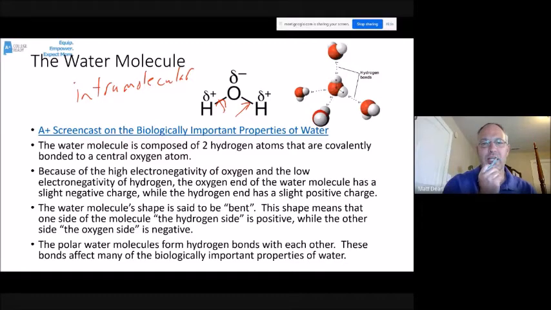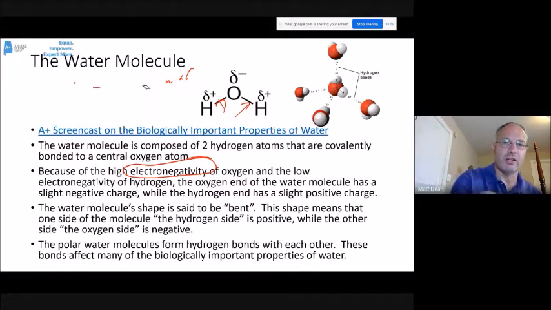Now, when they share electrons, they don't share them equally. Oxygen is actually quite a bit more electronegative than hydrogen is, which means when they share electrons, oxygen pulls those electrons closer to it and further away from the hydrogen. So it's not equal sharing.